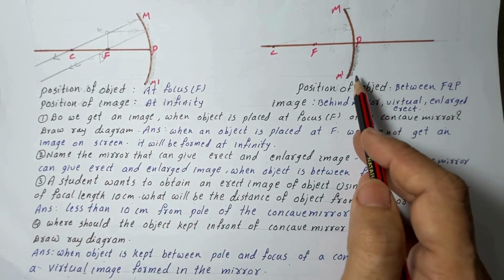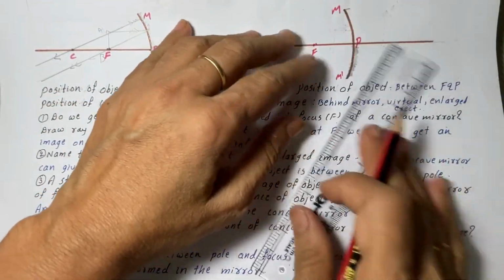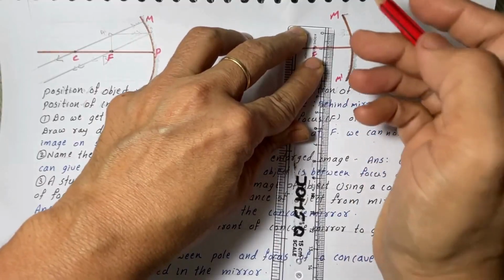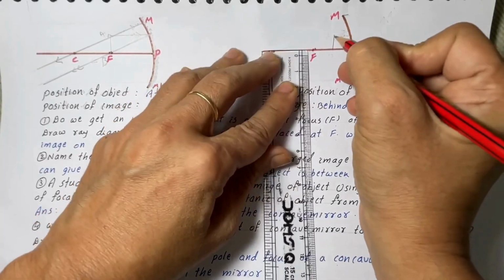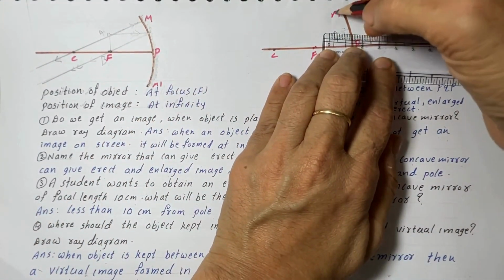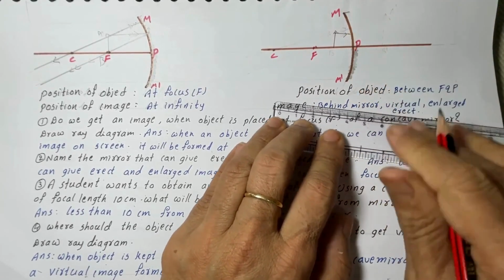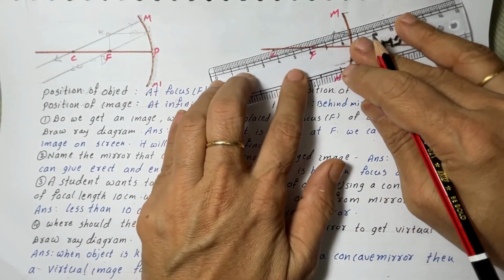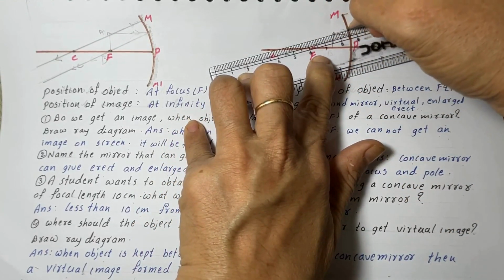Now come to another ray diagram. Here the object is between pole and focus. One ray is directed parallel to the principal axis, and another is directed towards the center of curvature.